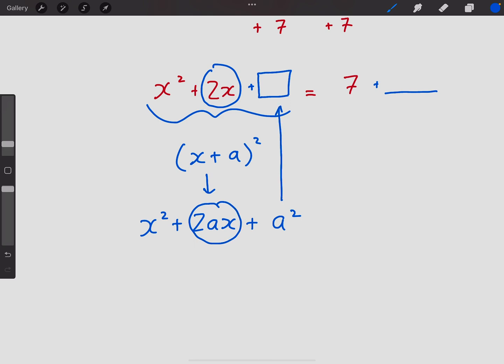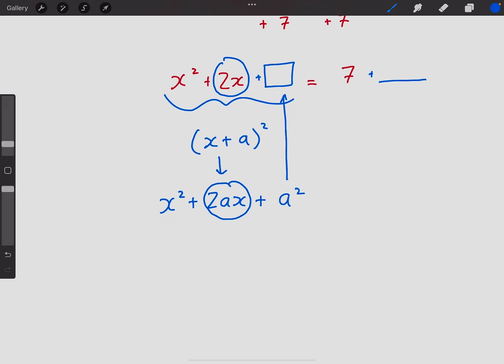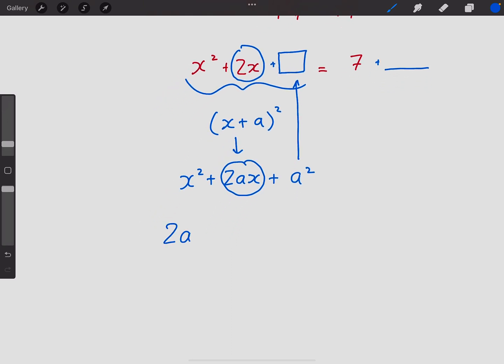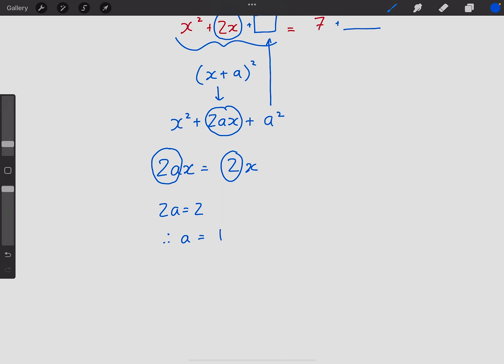We're going to find out what the constant is as soon as we find out what a is. So we have 2ax is equal to 2x. Well, that means that 2a is equal to 2. Therefore, a is equal to 1. If a is equal to 1, then we can factorize it into x plus 1 squared.